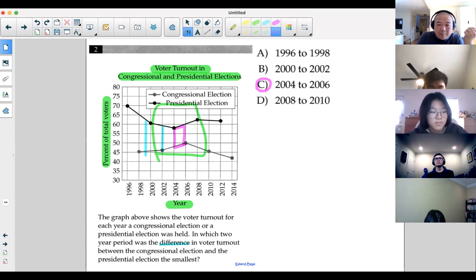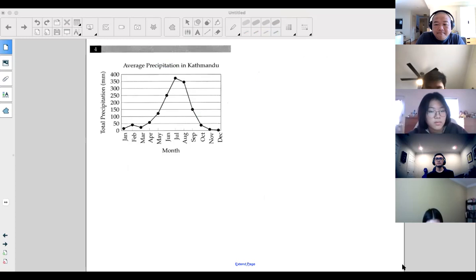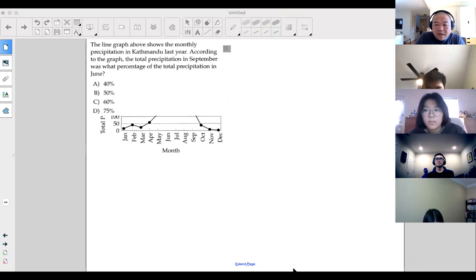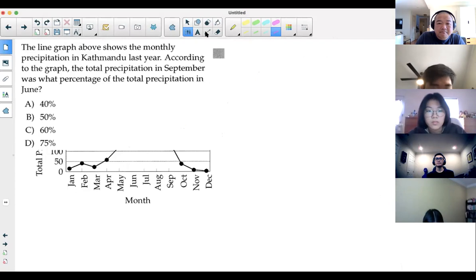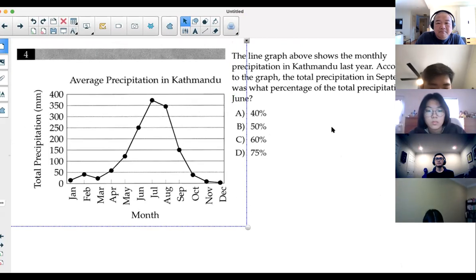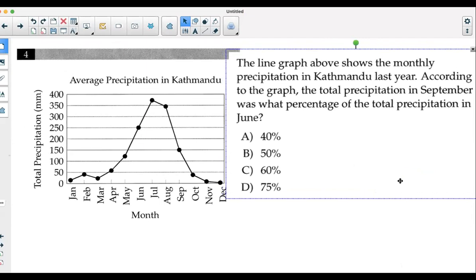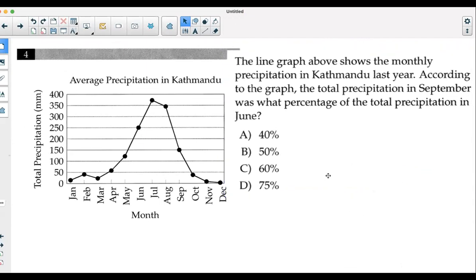All right, guys, let's practice with a couple more questions here. All righty, how about this? Let me give you a couple of minutes to look at it and then see what happens.